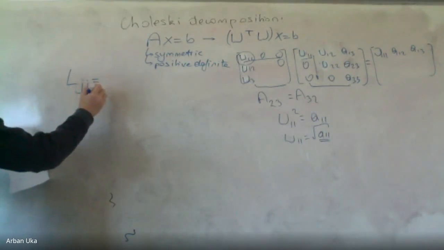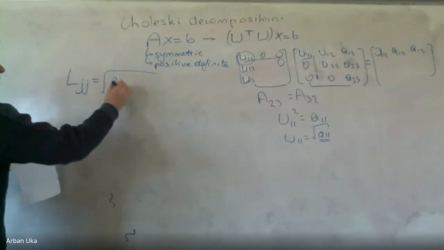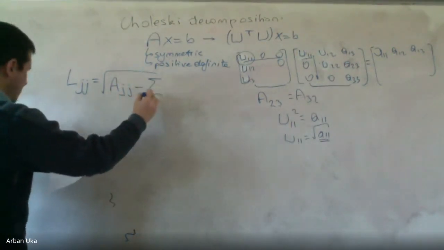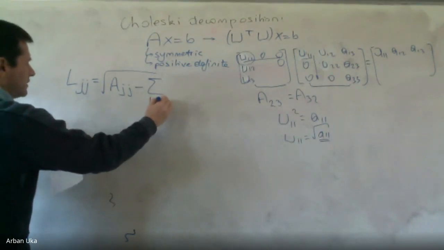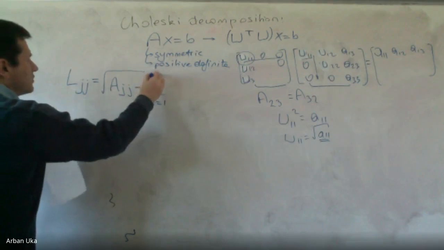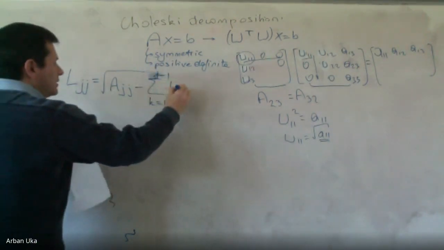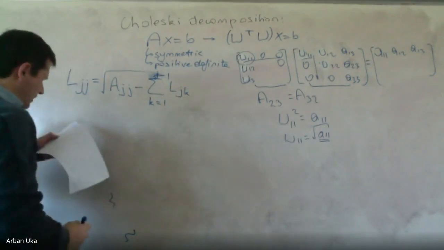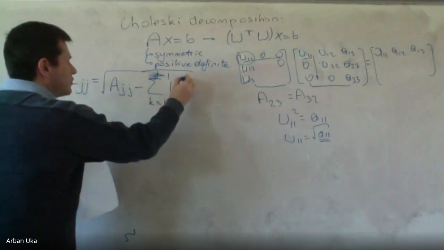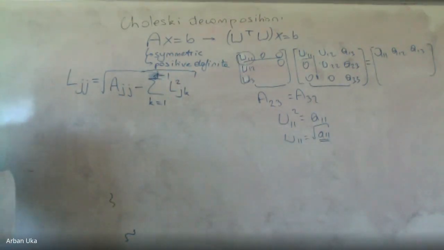Ljj is going to be equal to the square root of Ajj minus the summation over k from 1 to j minus 1 of Ljk squared. This is for the diagonal terms.